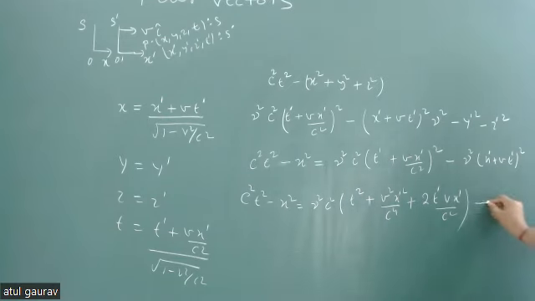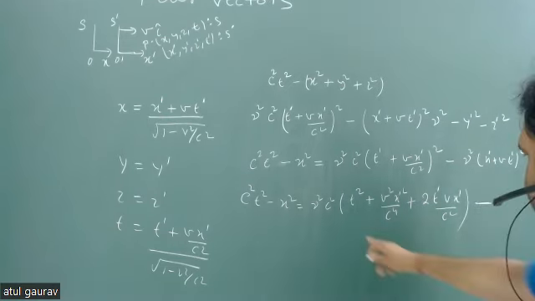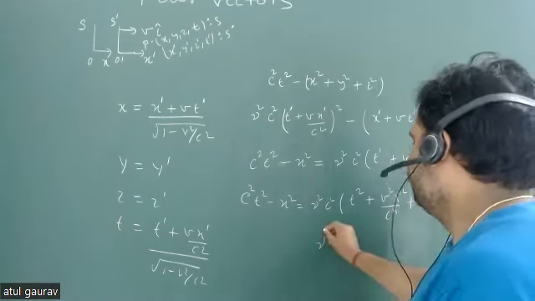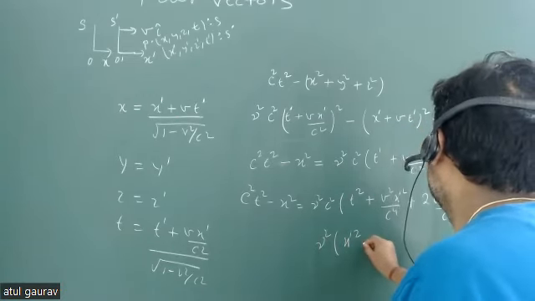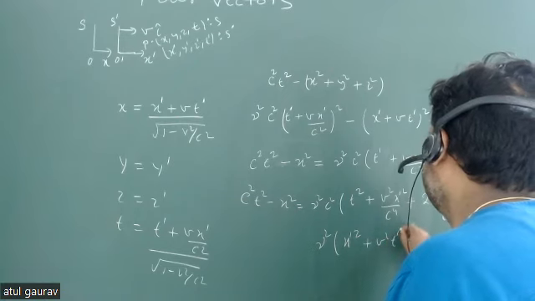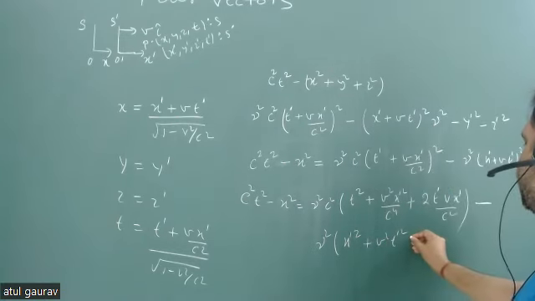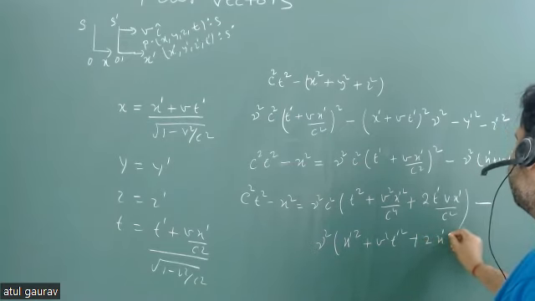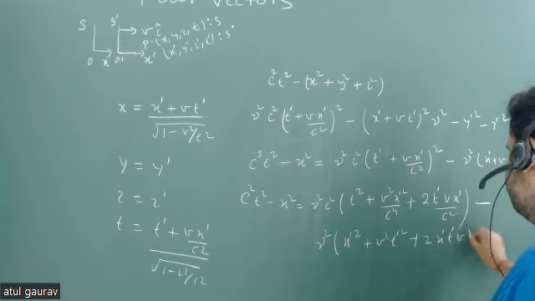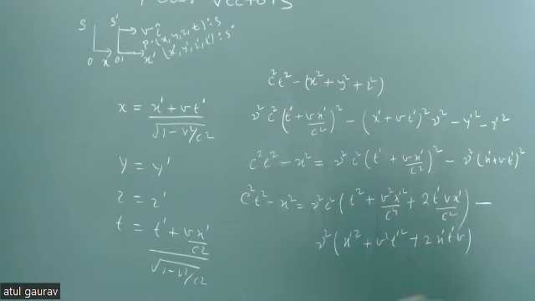Please check that I am not making any mistake. And the negative sign is here. You have gamma square times x dash square plus v square t dash square, plus 2 times x dash t dash v. So we have this particular situation.